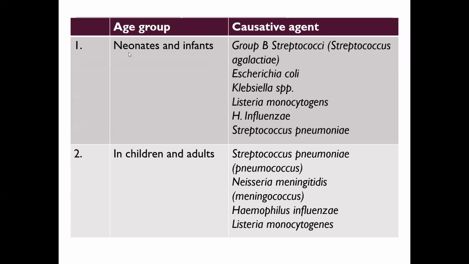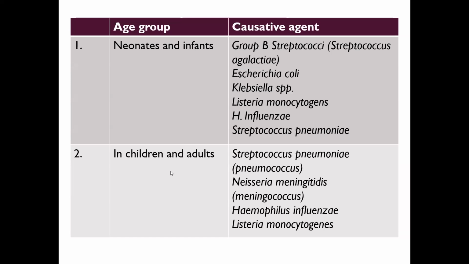If you look at the age groups, neonates means newborns, up to the age of 28 days, and infants. What organisms cause infection? Group B streptococci, such as Streptococcus agalactiae, Escherichia coli, Klebsiella species, Listeria monocytogenes, Haemophilus influenzae, Streptococcus pneumoniae.